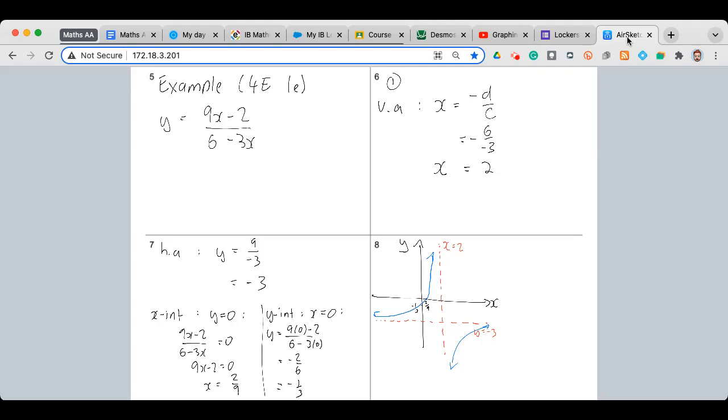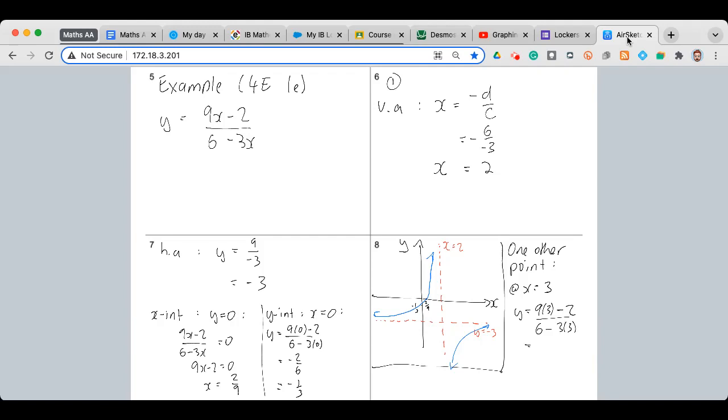So one other point. At x equals 3, y equals (9 times 3 minus 2) over (6 minus 3 times 3).